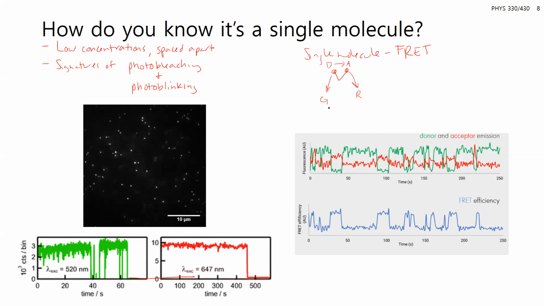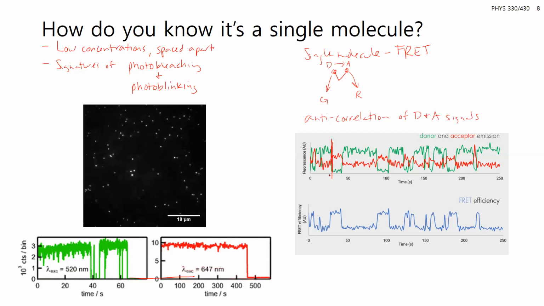And the signature for single molecule FRET would be that you see anti-correlation of the donor and acceptor signals. So what this means is you can see when, right here, the donor intensity drops, you see an increase in the acceptor, and then vice versa.